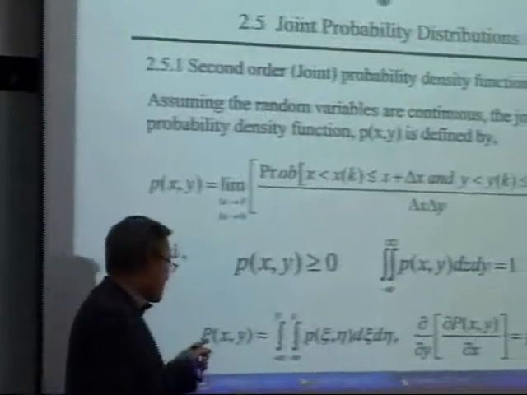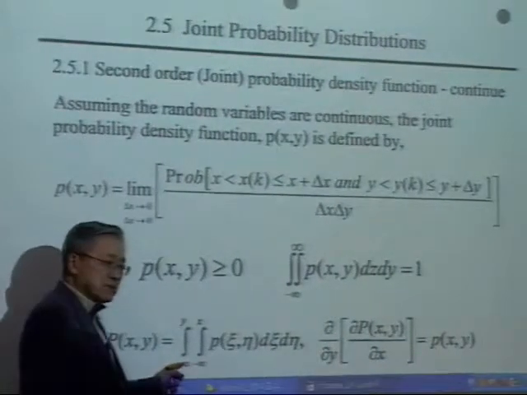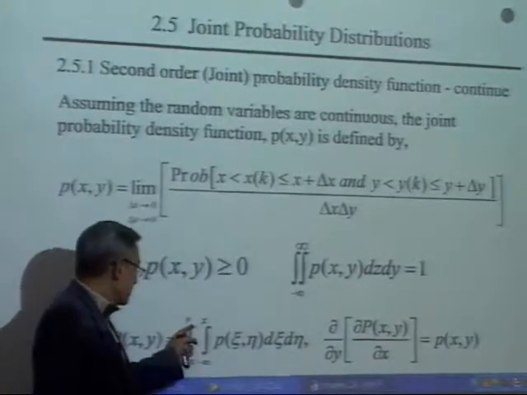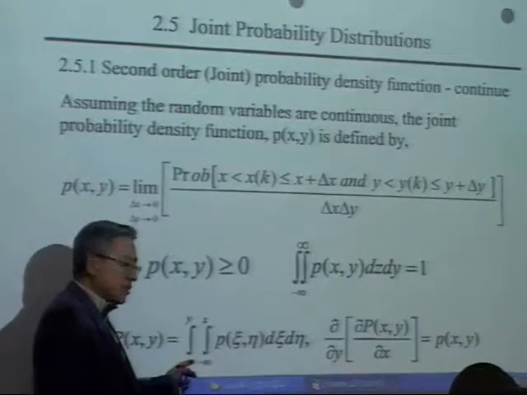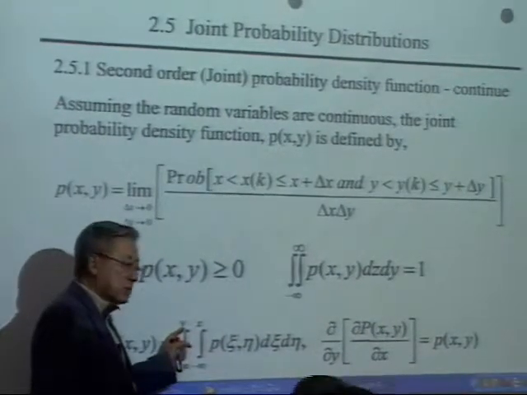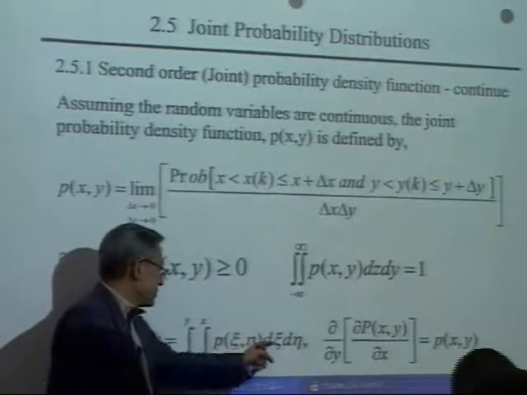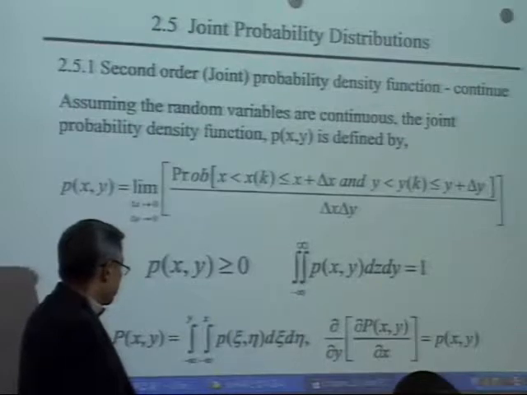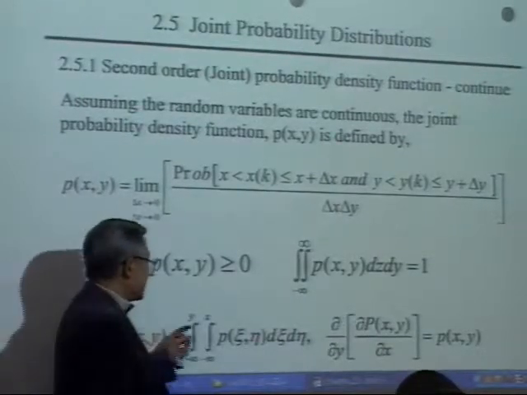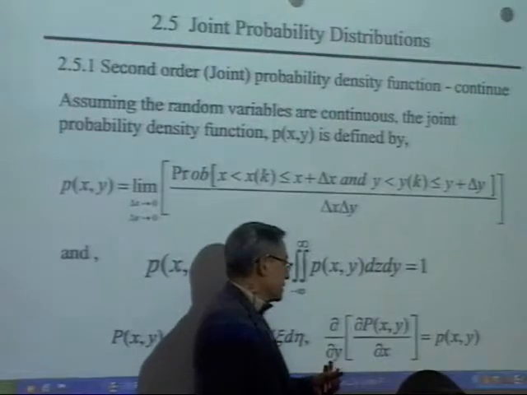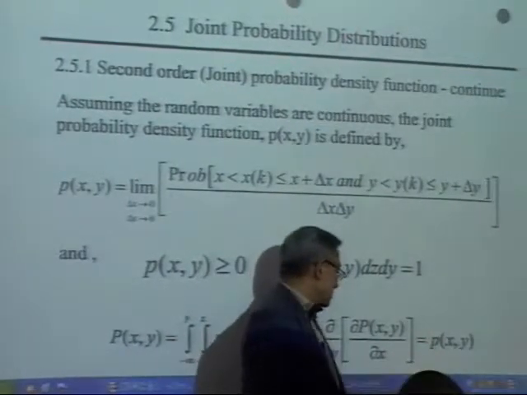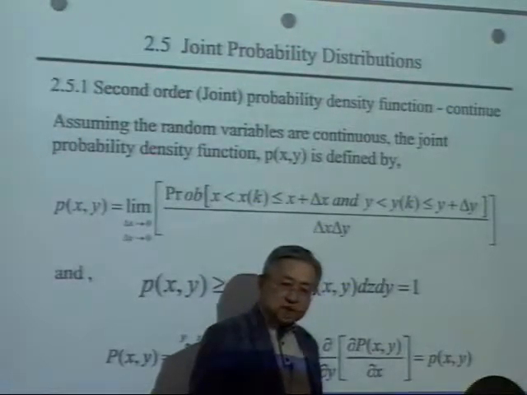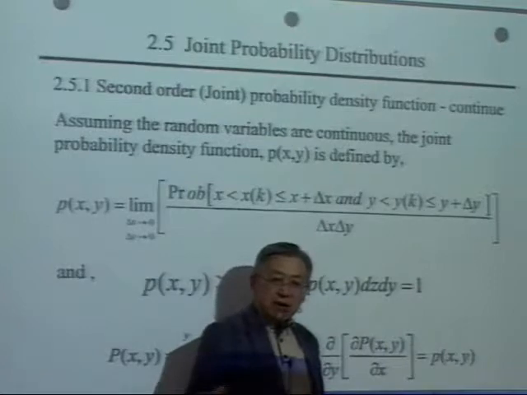The probability distribution function, capital P, is the integration for the x variable from minus infinity to x, and next from minus infinity to y. So it's two variables, two integration parameters. Then the relation between the probability density function and the probability distribution function is something like a slope in an xy graph.